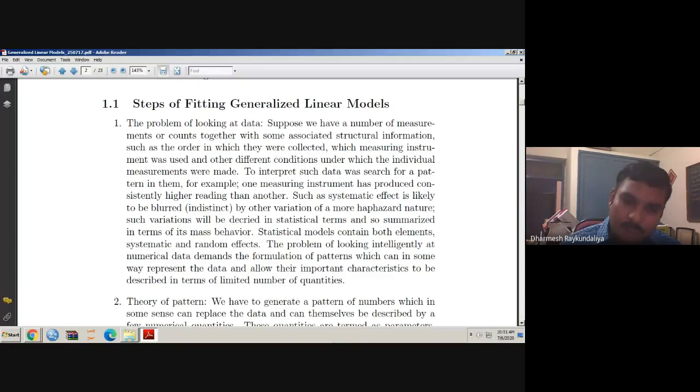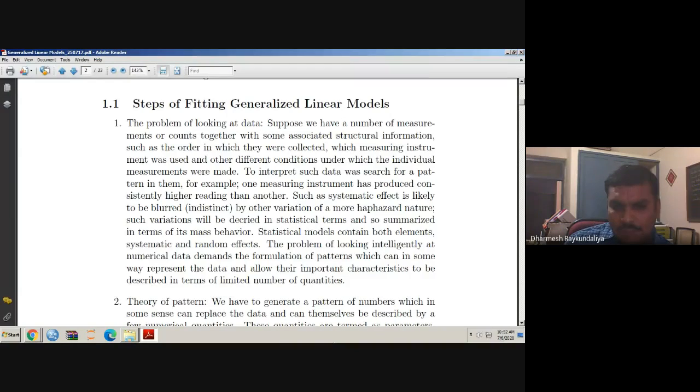So that is what the first step is saying, the problem of looking at the data. In that step, we have seen how the data are generated, which instrument is used to measure the data, what is the nature of the data, whether it is qualitative data or quantitative data, and according to that, we can identify the appropriate model.